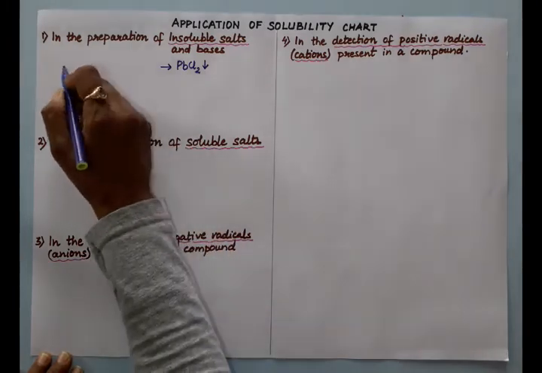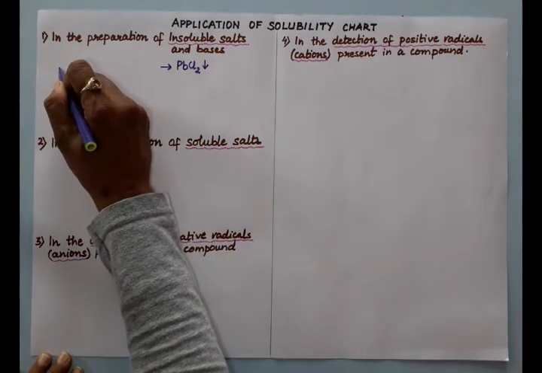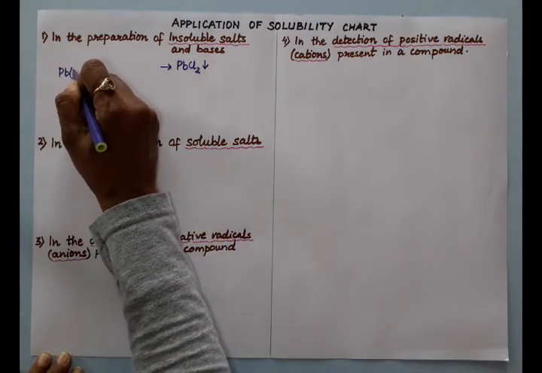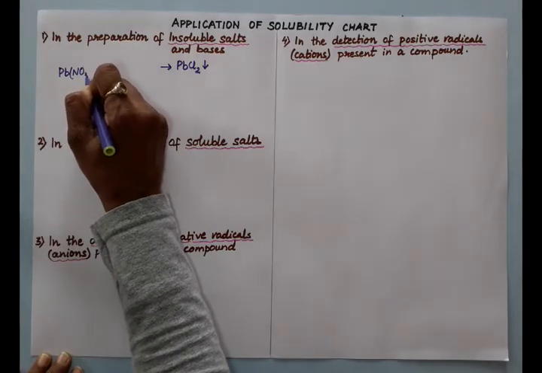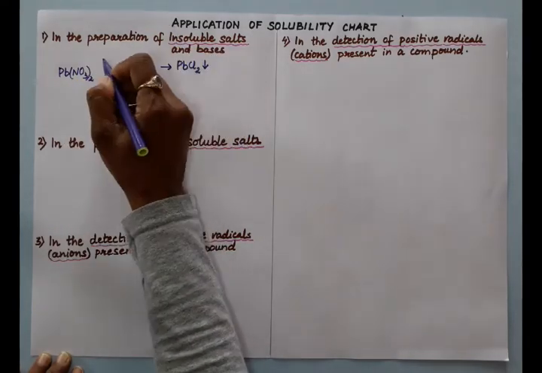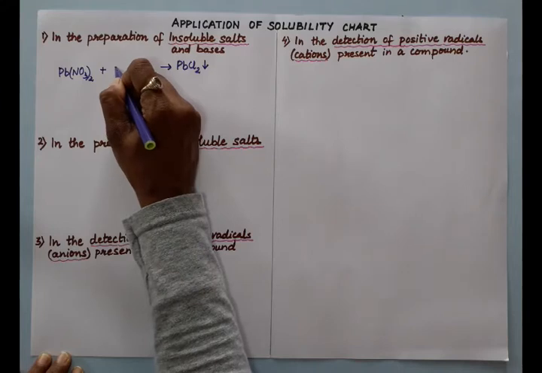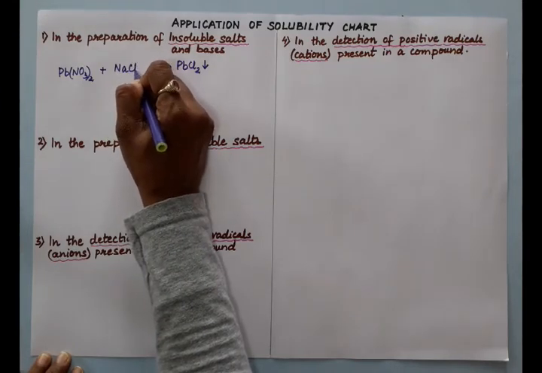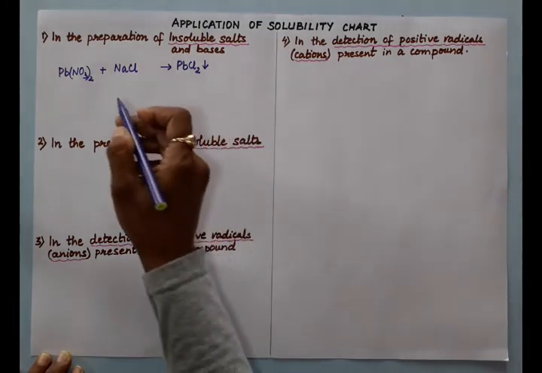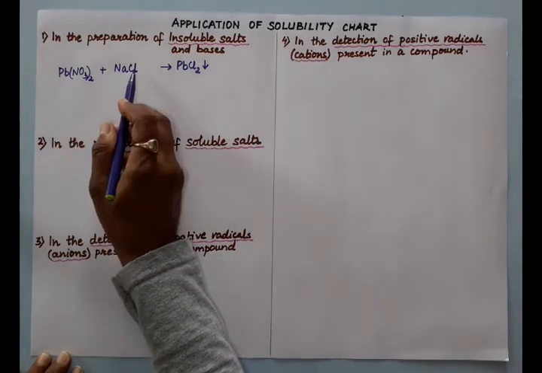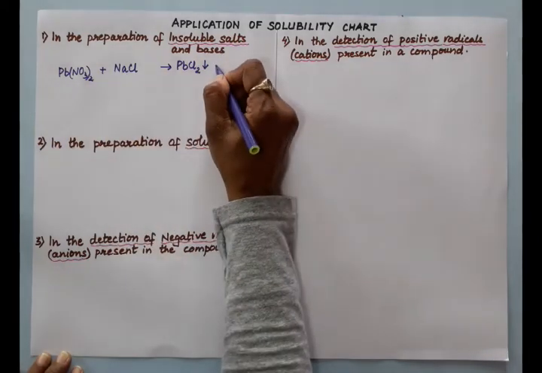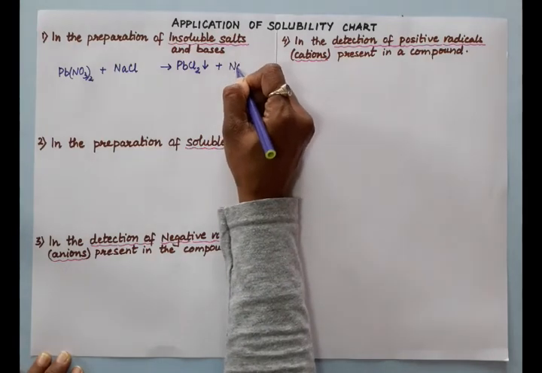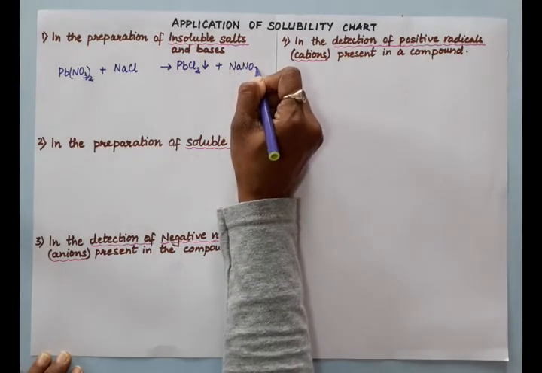With the help of the solubility chart, if we take lead nitrate, all nitrates are soluble. Lead nitrate reacts with sodium chloride; all compounds of sodium, potassium, ammonium are soluble. So here lead chloride is insoluble and the byproduct will be sodium nitrate.